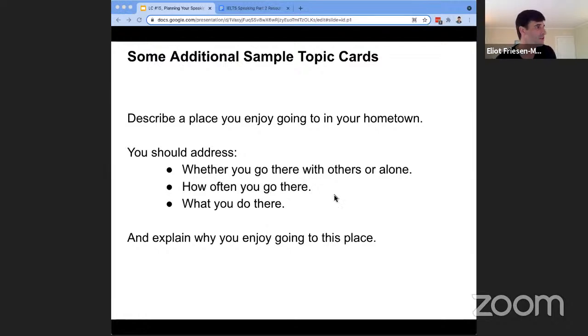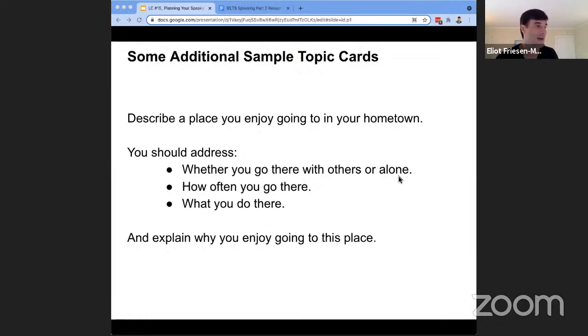Just notice the questions as we go from bullet point 1 down to bullet point 3. The questions often get slightly more complex. Often the first bullet point is one that you can respond to very quickly without very much detail at all.